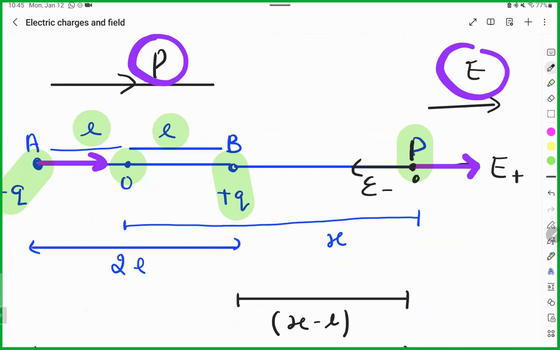This is a unit positive test charge. This positive charge will repel the test charge at P, that's why you can see here the direction of electric field is outward. But the negative charge will attract it, that's why this is inward.